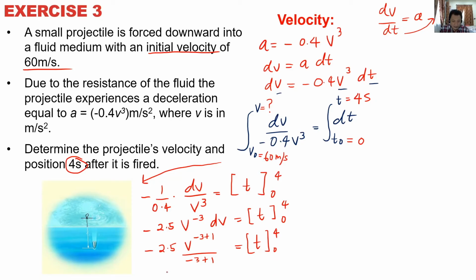So this equals negative 2.5 v to the power of negative 2 over negative 2, evaluated from 4 to 0.